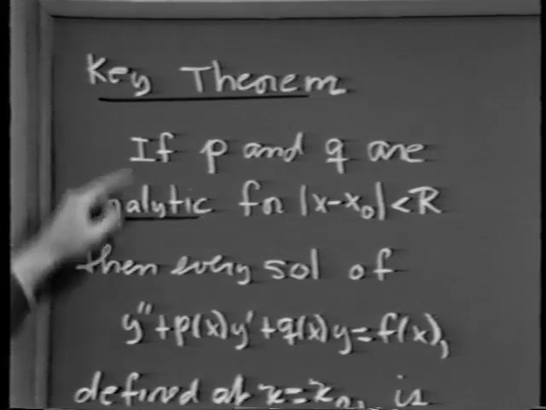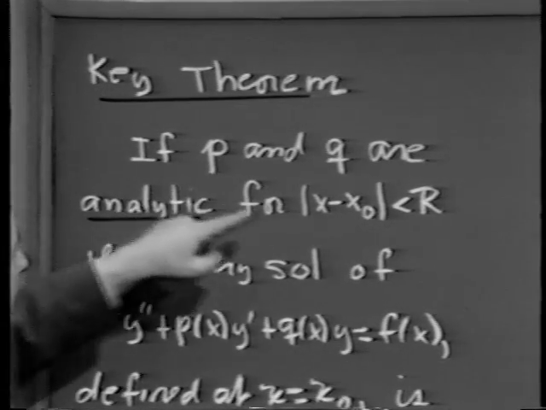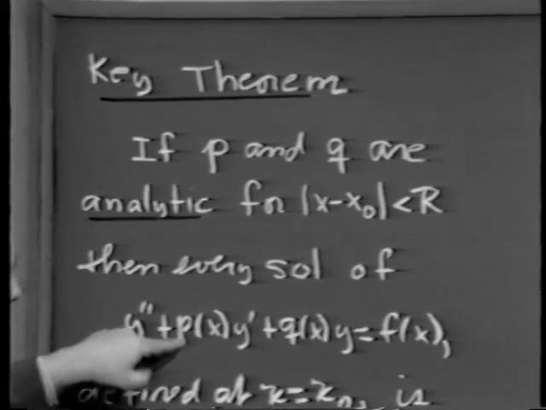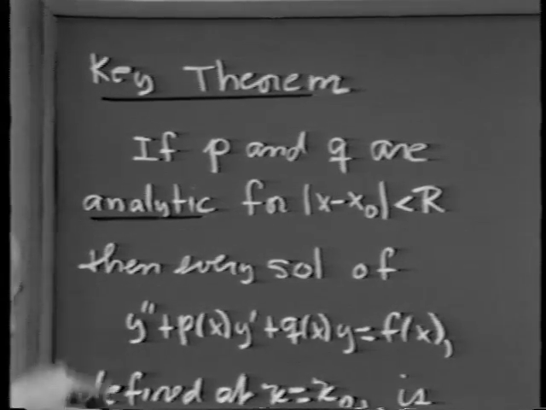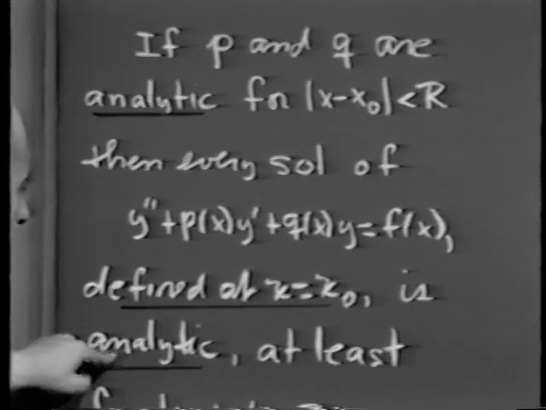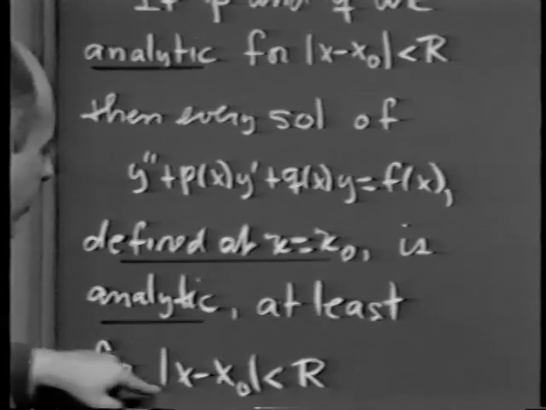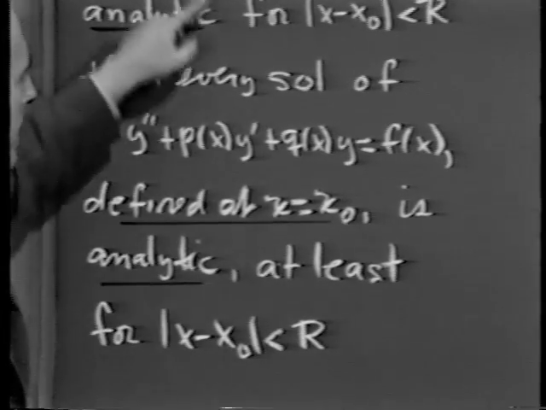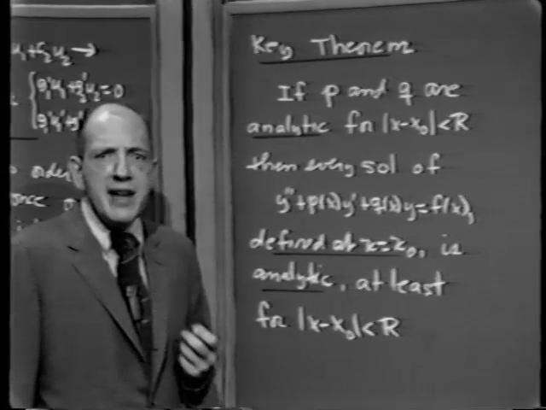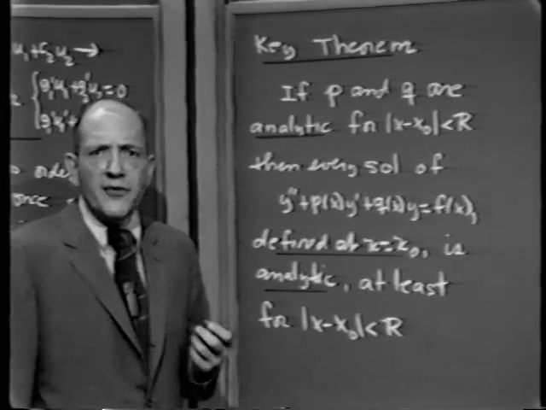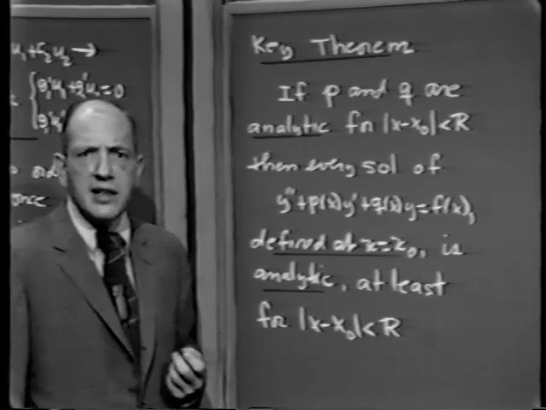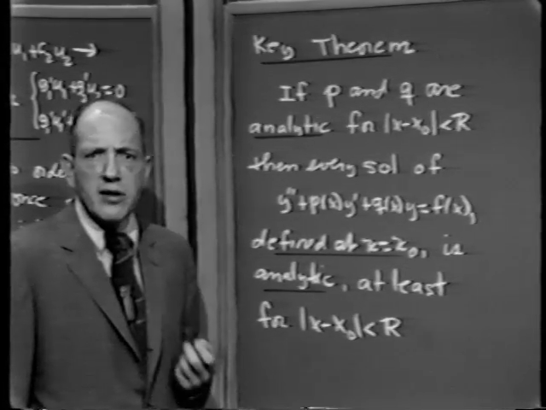But at any rate, all I'm saying is if p and q are analytic in this interval, then every solution of this equation, every solution which exists, which is defined at x equals x0, is itself analytic, at least in the same interval that p and q were analytic. In other words, in the first part of our review, we said, look, as long as p, q, and f are continuous, there will always be a general solution.